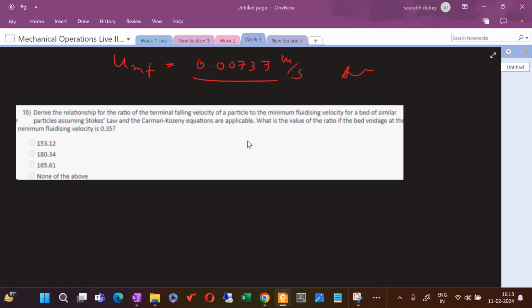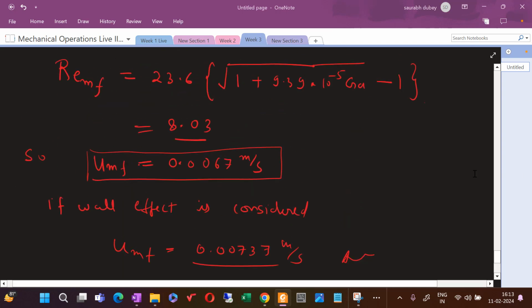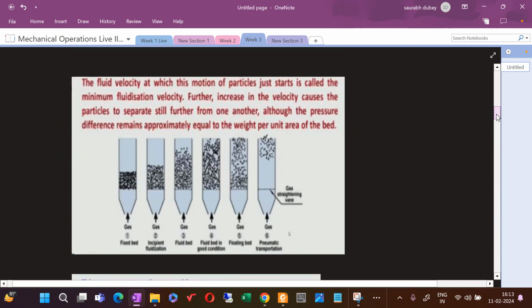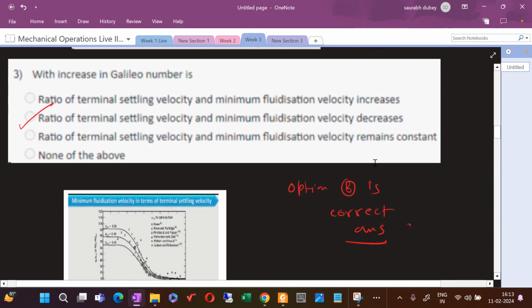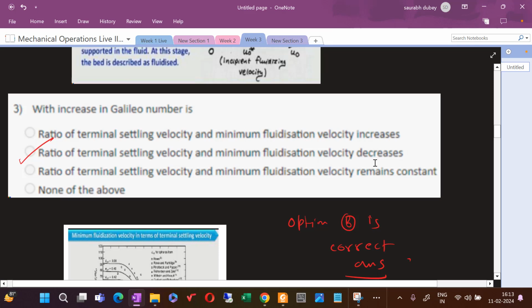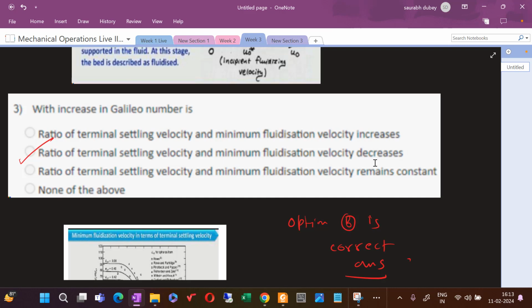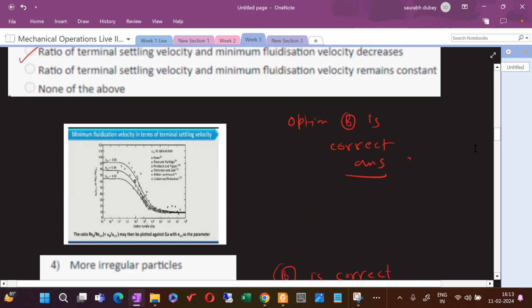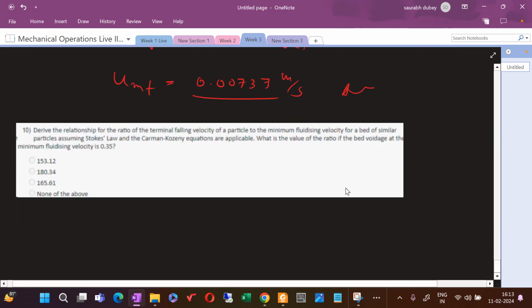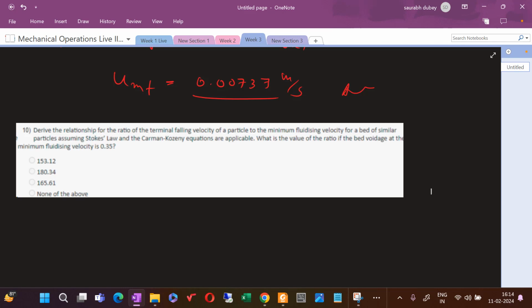This type of question we have already solved, question number 2 and question number 3 were similar. Here also the ratio of the terminal settling velocity to the minimum fluidization velocity has been calculated. When you increase the value, it decreases. We have told that. Similar question is this one also. So just give some try to this question. Terminal settling velocity is what?